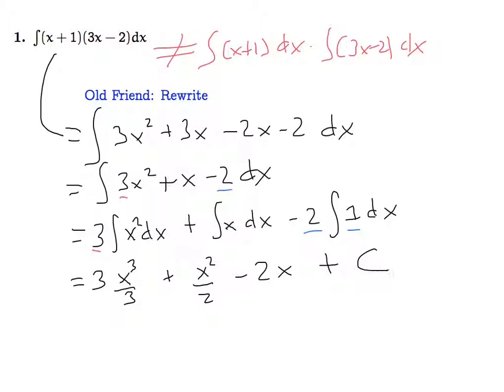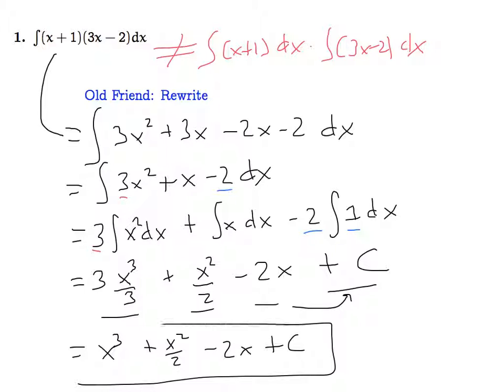And now what usually happens is we throw a constant in at the end. Remember that each of these integrals has a constant, but we'll just lump them all together at the end. And for those in the room who love simplifying, x cubed plus x squared over 2 minus 2x plus c. Well, I guess there wasn't much simplifying. But not so bad. We just got to remember, rewrite.